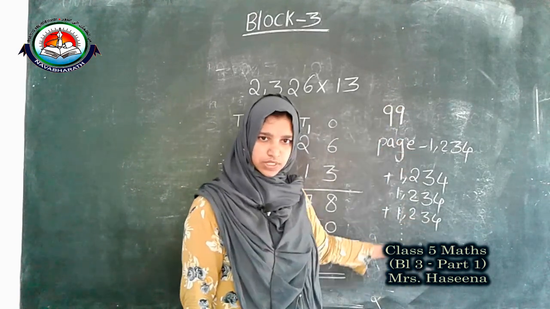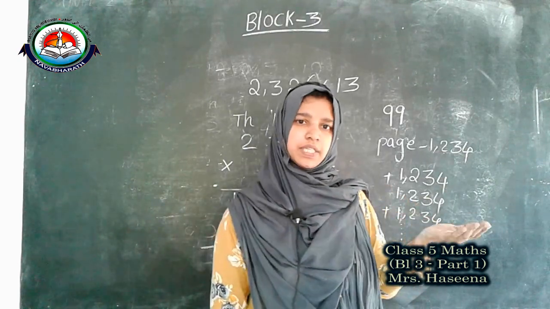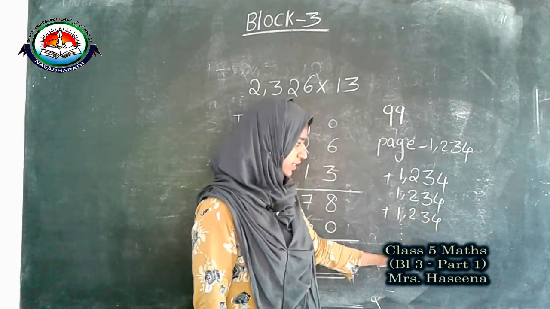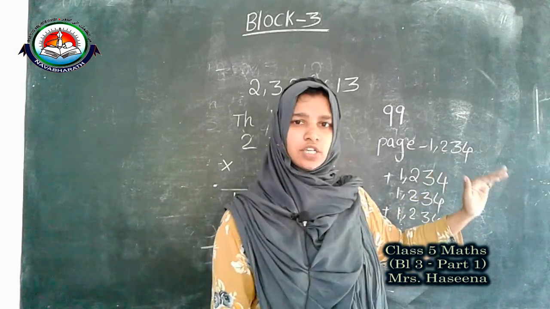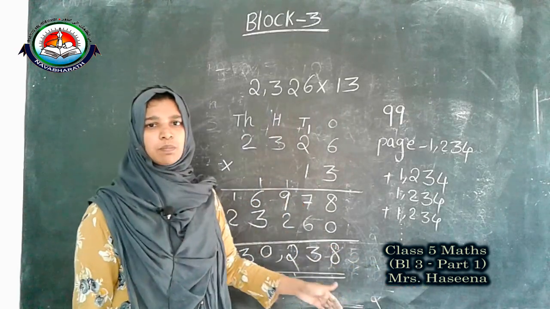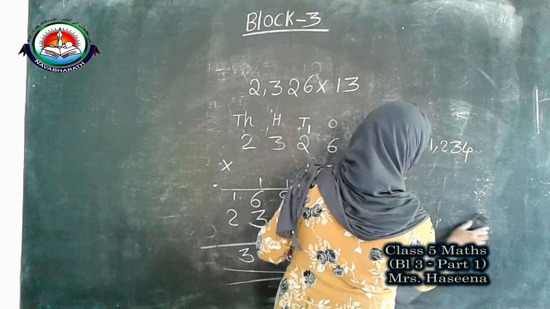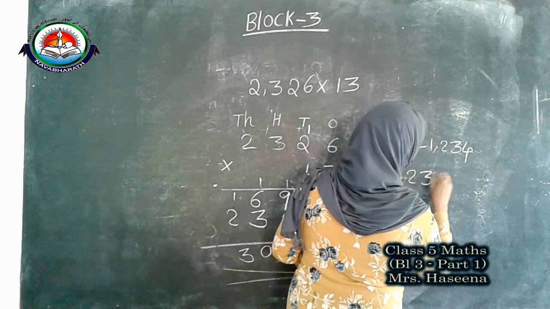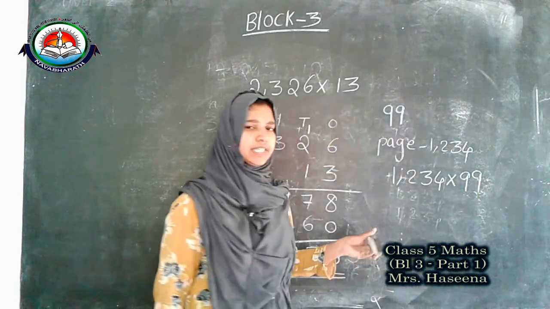Is it possible? No. We need one easy way. What will be that easy way? We know multiplication is repeated addition. So, instead of this repeated addition, we can use multiplication. So how can we find that answer? 1234 into 99.